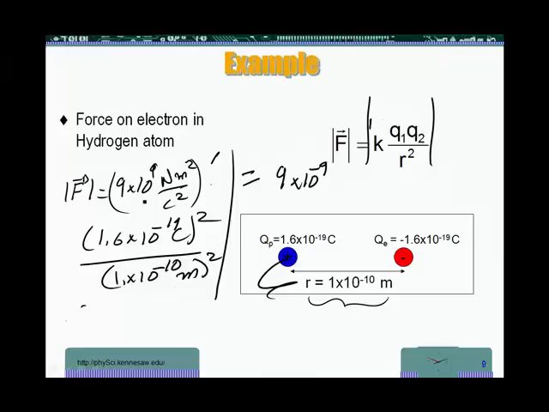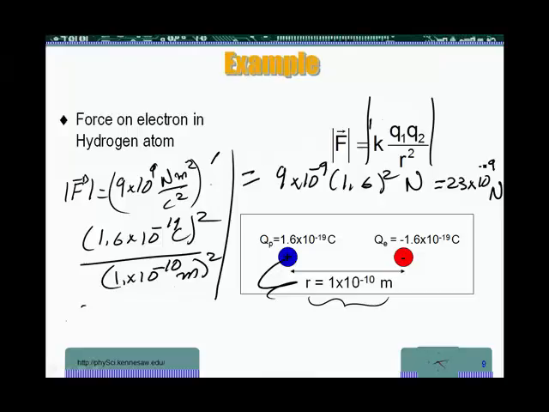So we are left with 9 times 10 to the minus 9 times 1.6 squared newtons. And that should give us 9 times 1.6 squared, so that will give us 23 times 10 to the minus 9 newtons.